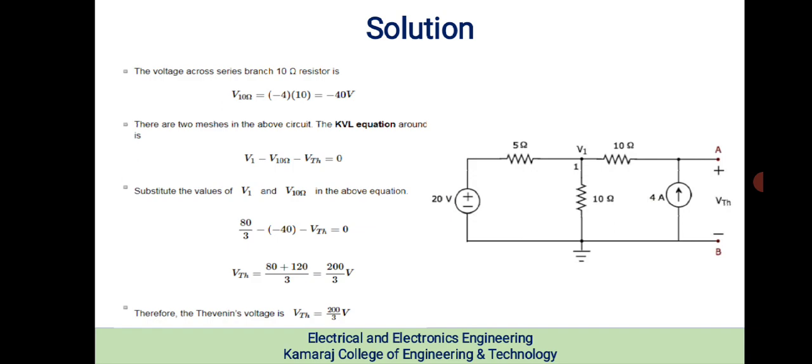So V1 minus V10 ohm minus VTH is equal to 0, or V1 equals V10 ohm plus VTH. We can write this equation in both manners. From that, we know the values of V1 and V10 ohm, so the VTH value is 200 divided by 3 volt. This is the VTH. So in the first step we completed the VTH value.